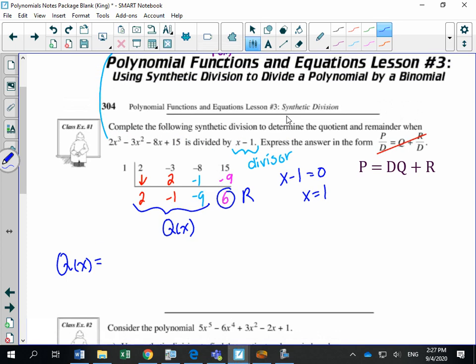This original polynomial was a third degree polynomial. So the degree of the quotient is always one less than the degree of your original. So if this was a third degree polynomial, this quotient is going to be a second degree polynomial. So this 2, because it's going to be a second degree polynomial, will be an x squared, and then minus 1x minus 9.